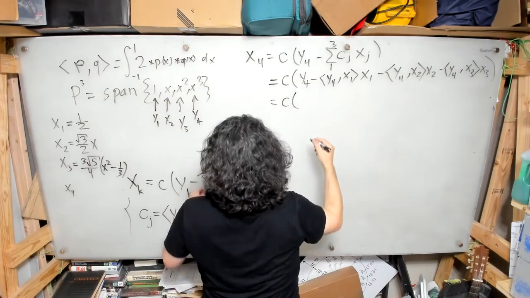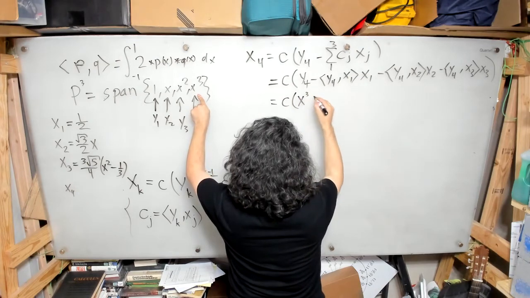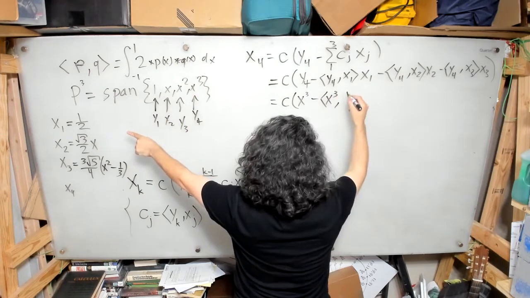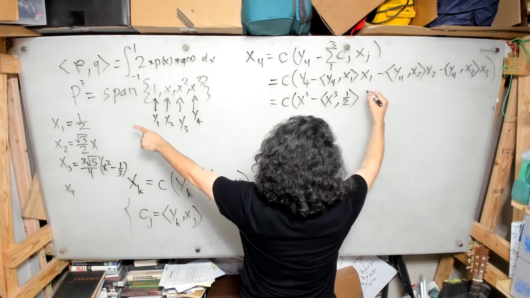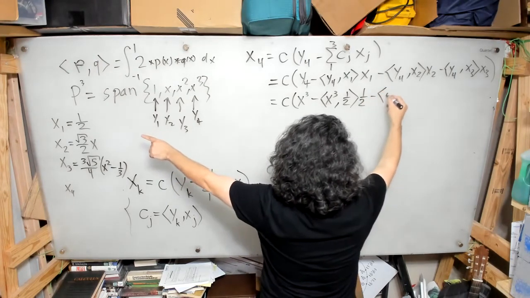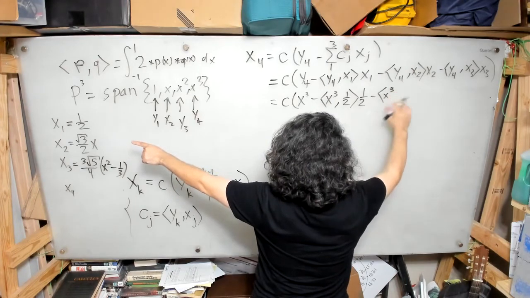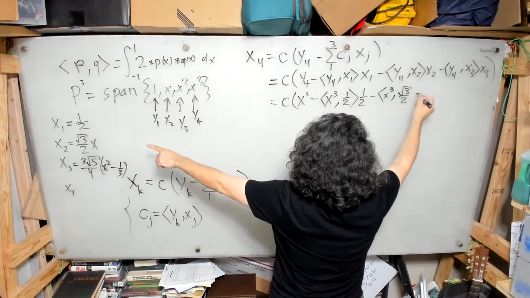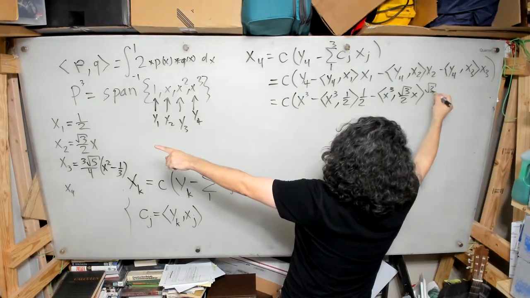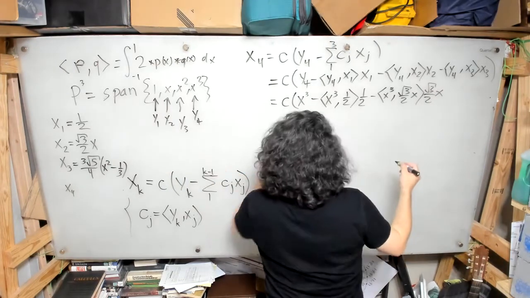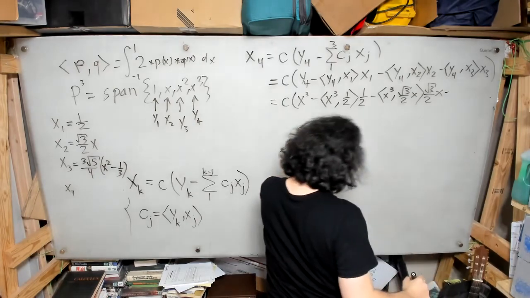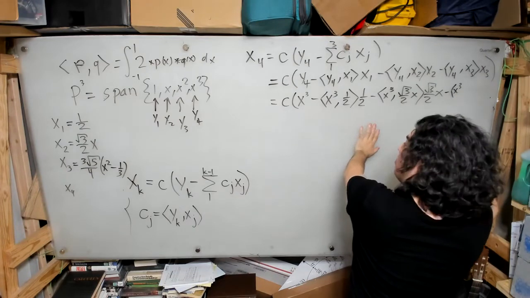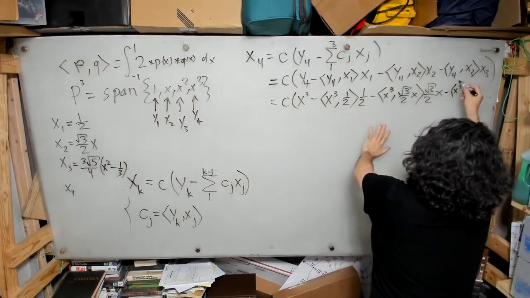So the constant times my y4, which is x cubed, minus the inner product of x cubed with my x1, which is 1/2, times my 1/2, minus the inner product of x cubed with my x2, which is square root of 3 over 2 x, times the square root of 3 over 2 x, minus the inner product of my y4, which is x cubed, times my x3 in inner product terms.